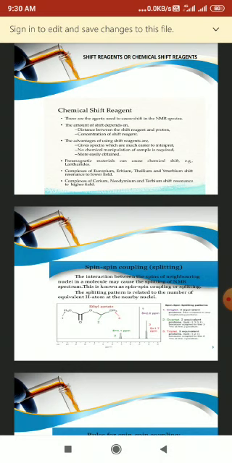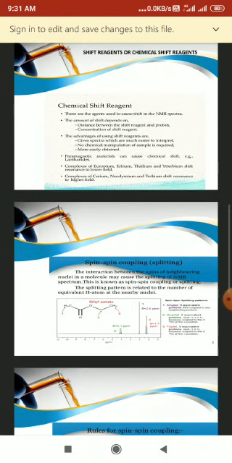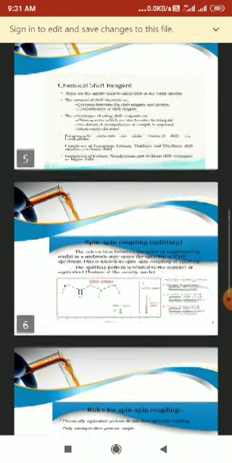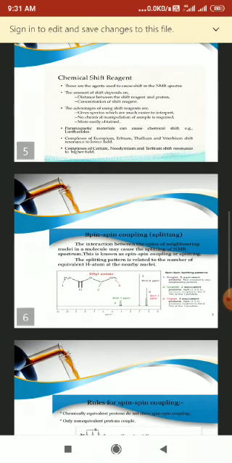Each signal splits into a doublet, triplet or quartet depending on the number of protons present on adjacent carbons. The multiplicity of lines is related to the number of protons on neighboring groups. A simple rule, also called the n plus 1 rule, is used to find the multiplicity.